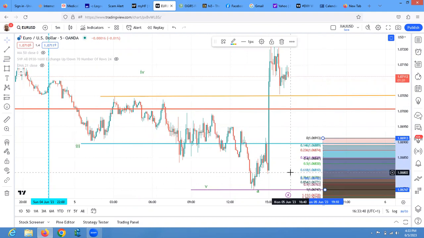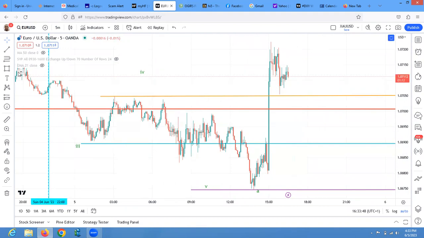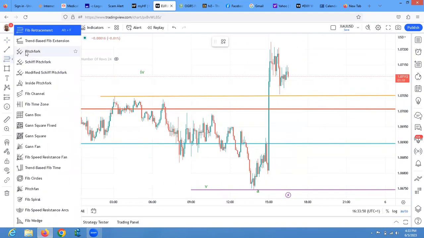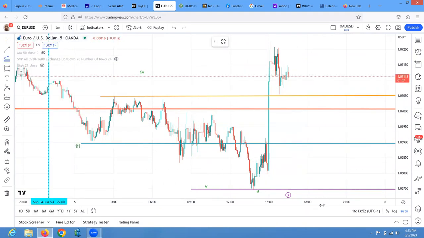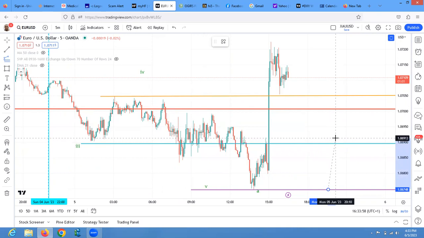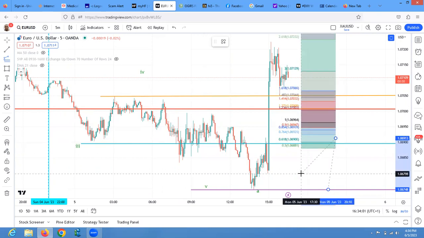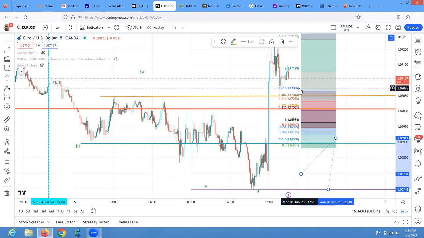But the return here is below 61.8, which is also good if you are thinking of a zigzag in that format. And again, the leg that it has thrown up for the third wave, if it's the third wave, has also gone beyond 161.8, which is also good as a zigzag in the making.